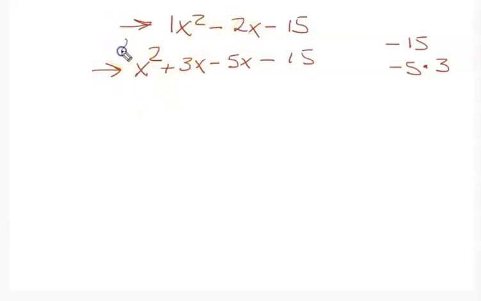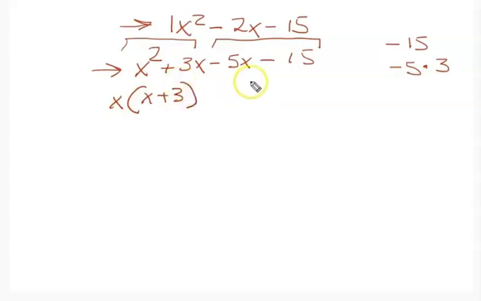So we're going to factor this now by grouping. And here we can take out an x, and we're left with x plus 3. And here we want to get an x plus 3. And you might recall from our toolkit, if we take out a negative 5, that will do it. And we reverse the signs.